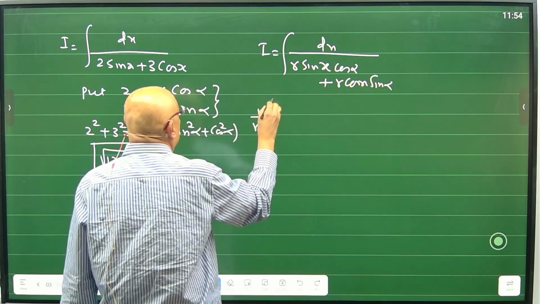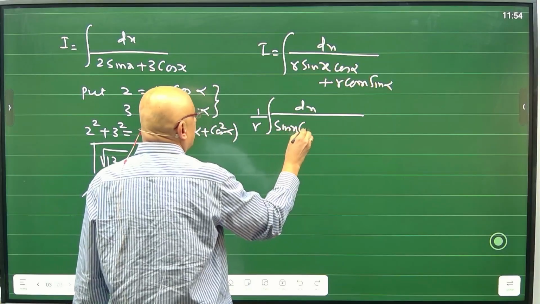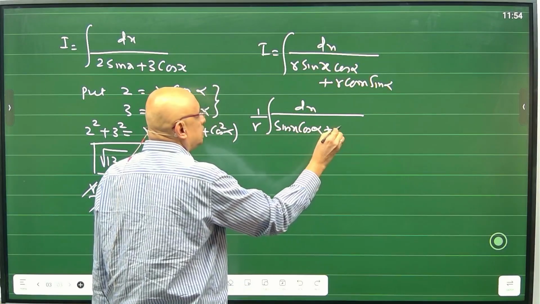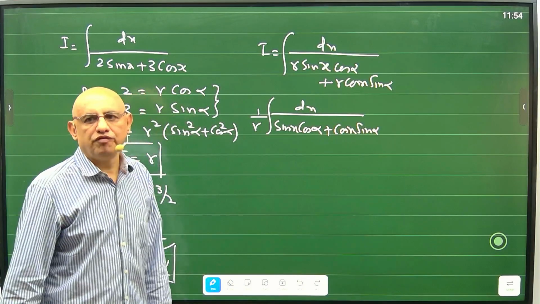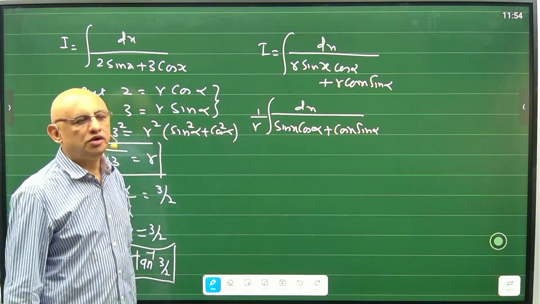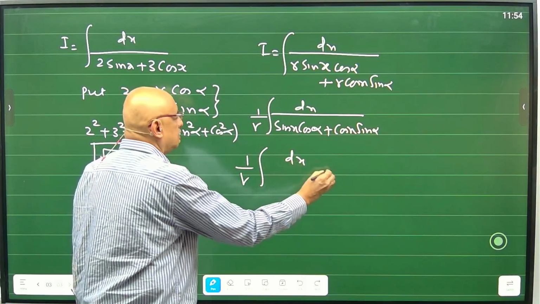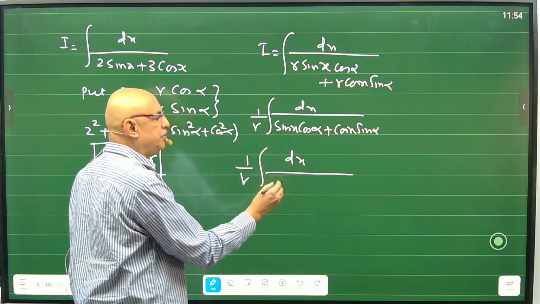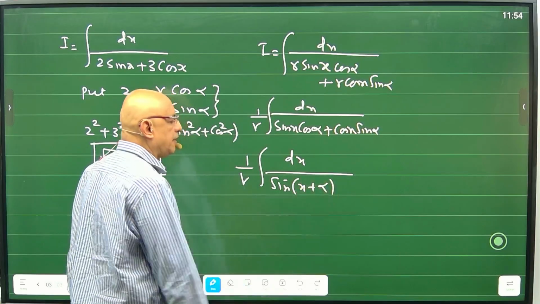I can take r outside, so this becomes sin x cos alpha plus cos x sin alpha. You are all aware of the standard formula sin A cos B plus cos A sin B, which reduces this to sin of x plus alpha.